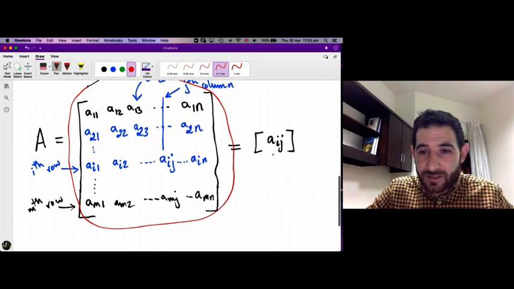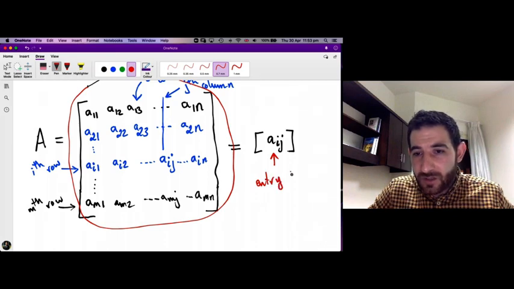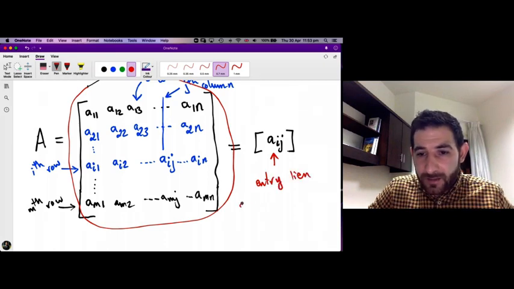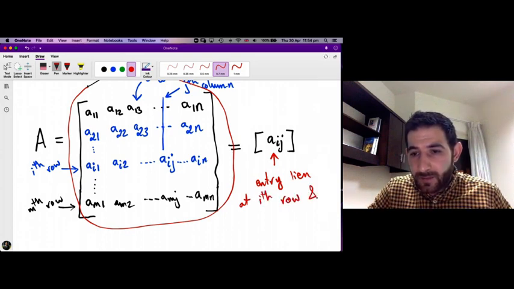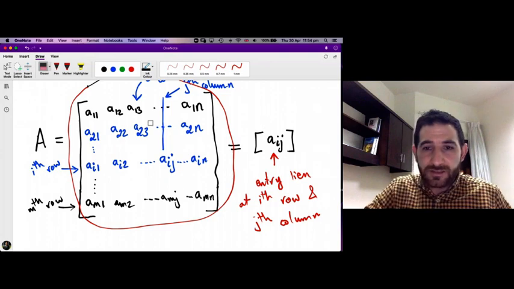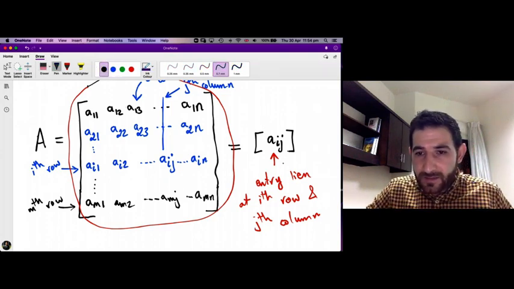Okay, what is Aij? This is the entry which lies at the intersection between the ith row and the jth column. So remember, the first index represents the row number, and the second index j represents the column number.